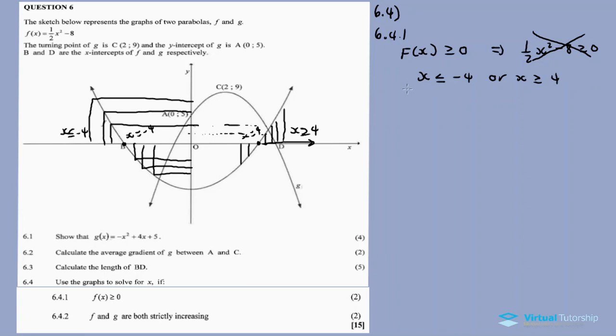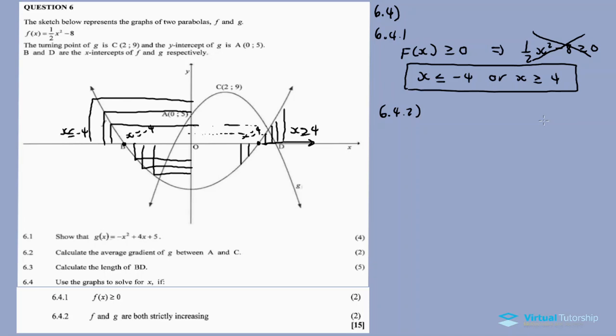So therefore now my solutions were these for 6.4.1. We go to 6.4.2, the last question for this question 6: F and G are both strictly increasing. Alright, my graph is messy now.